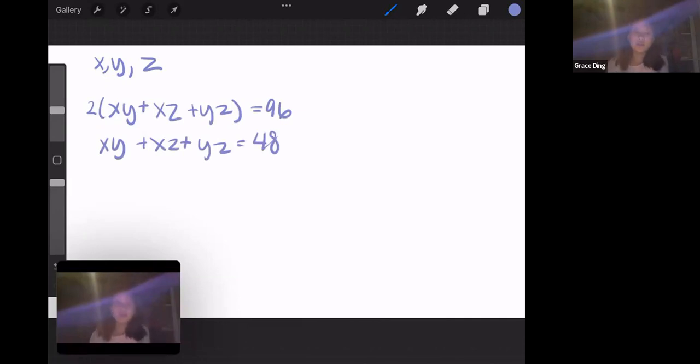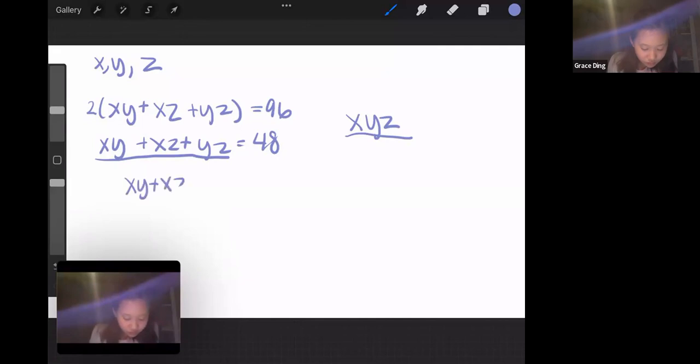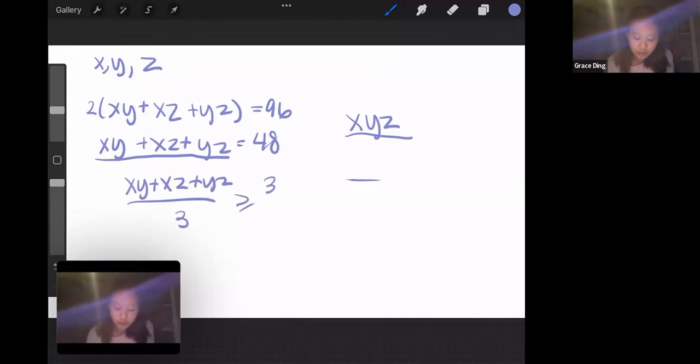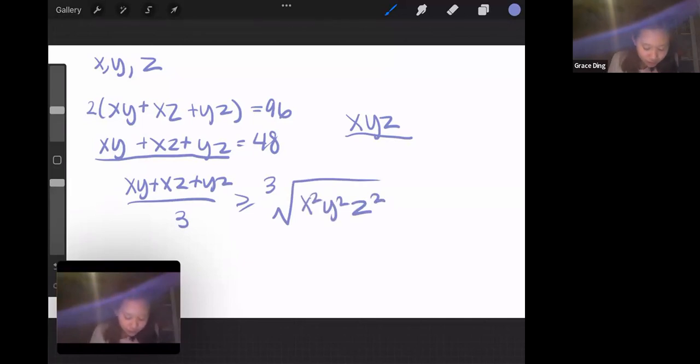So now we want the volume. We're basically asking for xyz. So this kind of reminds me of what would be under the radical inside of the GM. So let's try using these 3 as 3 terms in the AM-GM. So there are 3 terms, which is why we have this. Okay. And we know that this part, the numerator, is equal to 48.